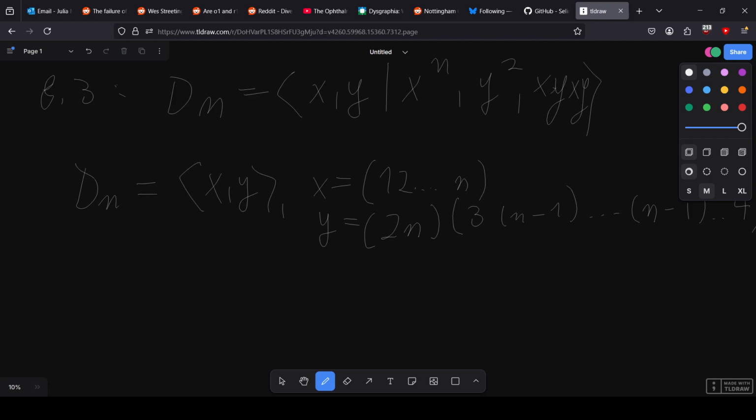Now that we know that this is generated by x and y that satisfy our relations above, we use the mapping property of the free group.